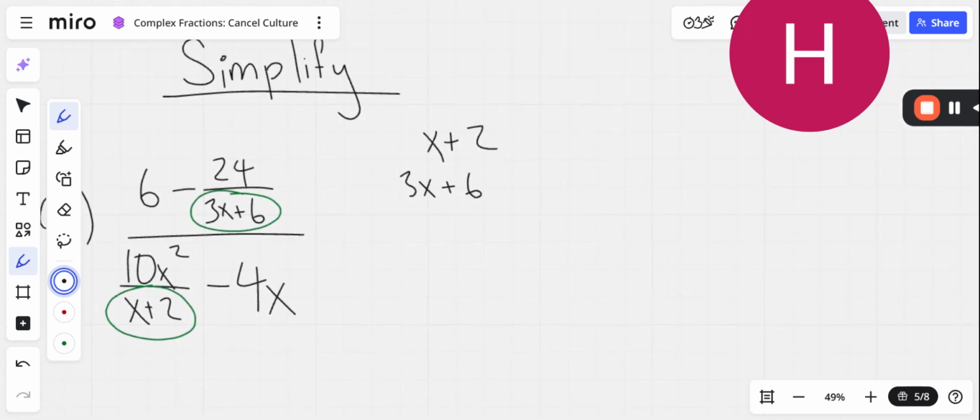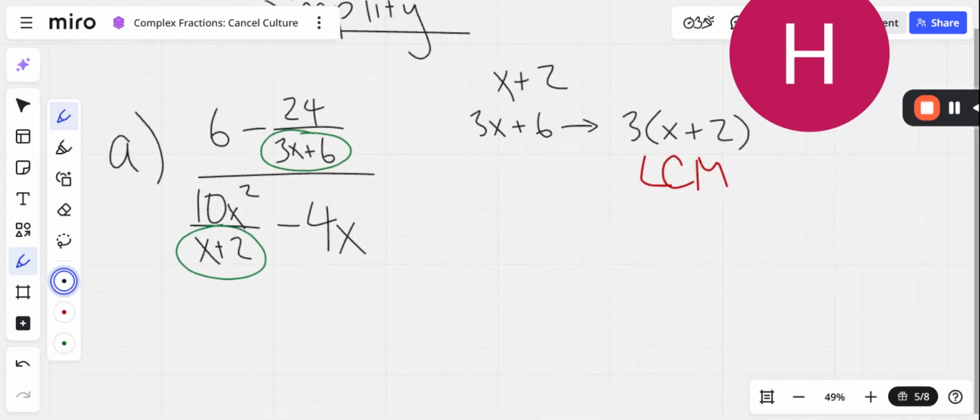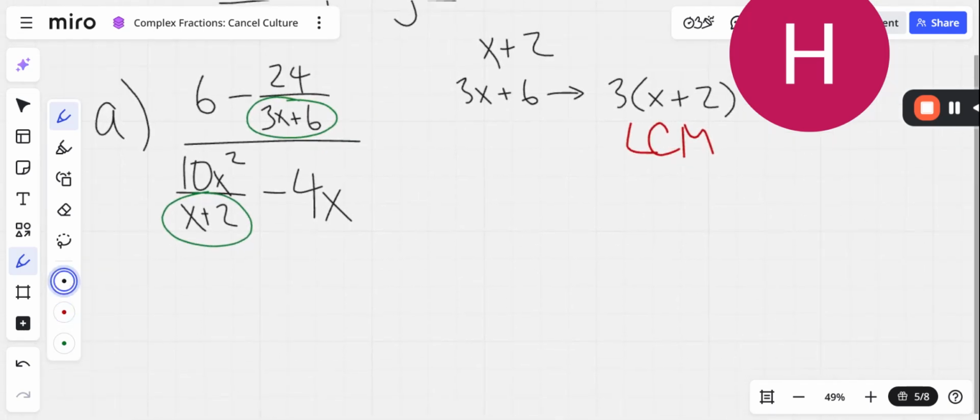And you might notice that 3x plus 6 is really just 3 times x plus 2. So this indeed is the least common multiple, which allows us to use it and multiply the top and bottom of the fraction as such. So we're going to have 6 minus 24 over 3x plus 6.